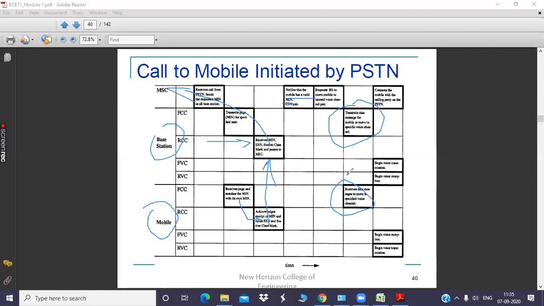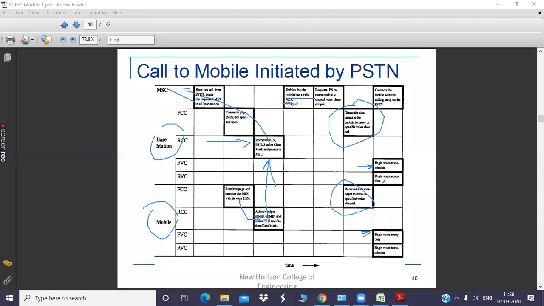From this point of time, which channel will we make use of? The voice channel. So using the forward voice channel, the base station will send the data or voice it has received through the PSTN network to the mobile user.